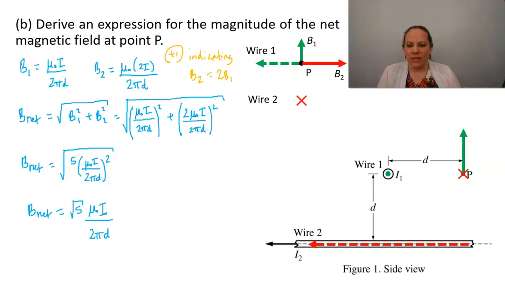And then we're going to get a point for indicating that the magnitude of B is the vector sum of B1 and B2.